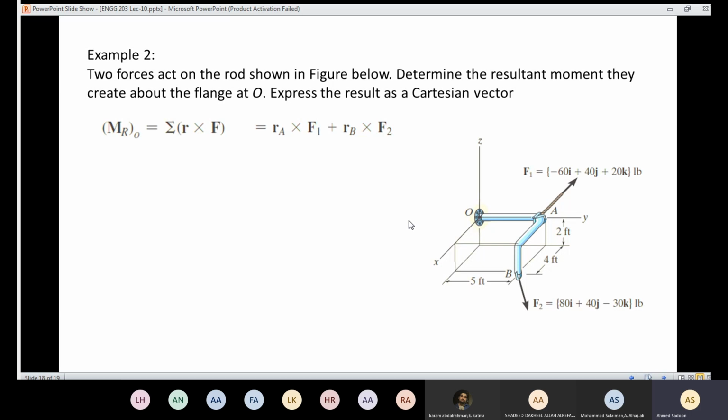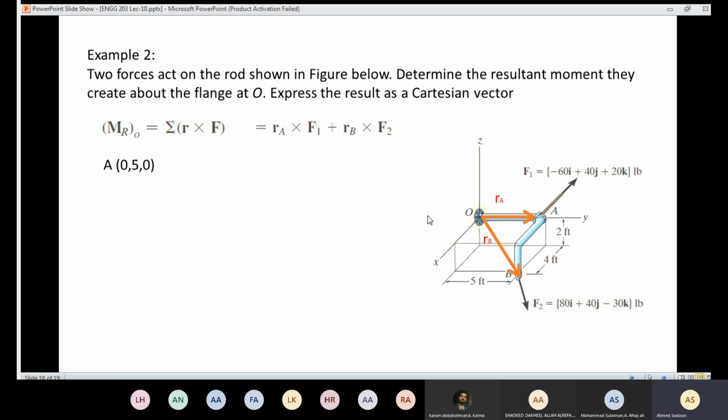So in this problem, F1 is given and F2 is given. It means I need to know the value of RA and RB. In order to know RA, I need to know the coordinates of A. In order to know RB, I need to know the coordinates of B. So here is RA and here is RB.